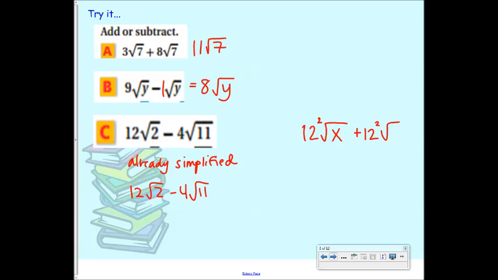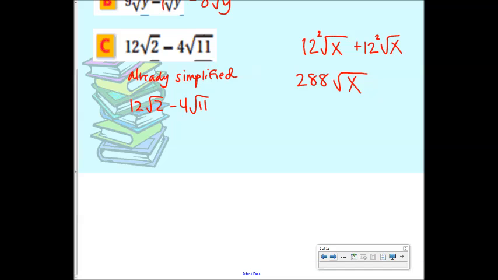Do they have the same radicand? Yes? So then you can do it. What's the answer's radicand going to be? Just x. And then what is this? 12 squared, which is 144. And this is? So it would be 288.